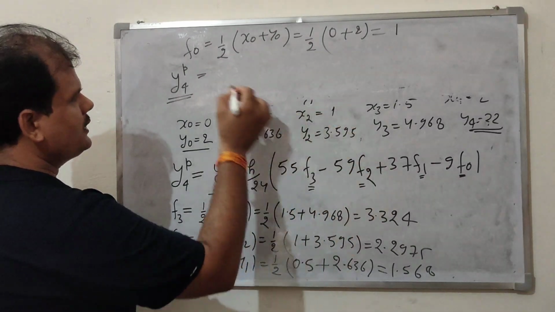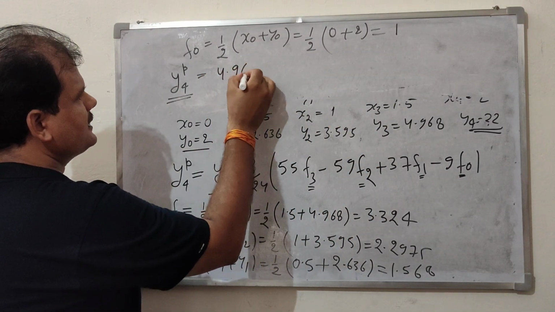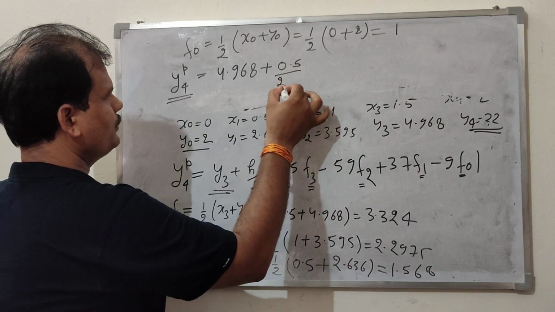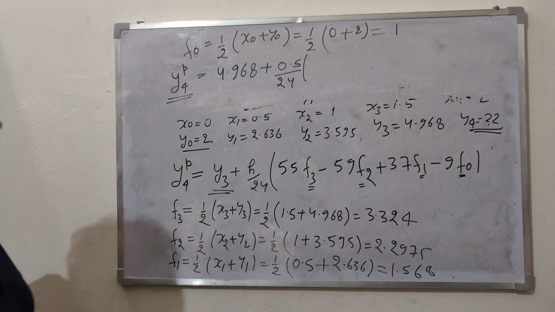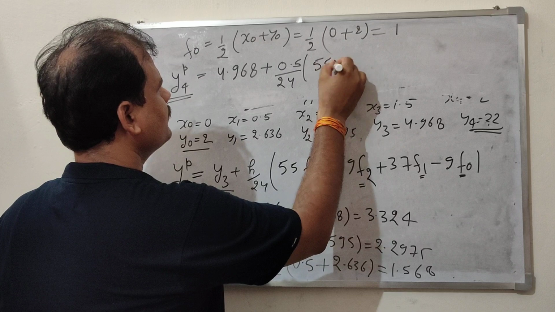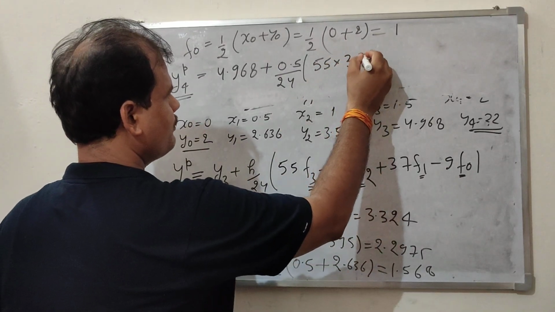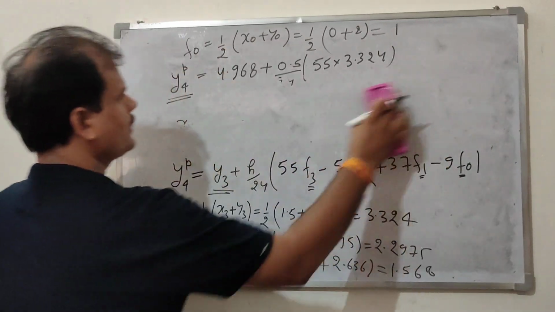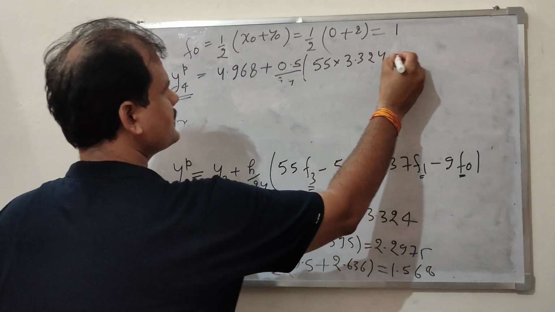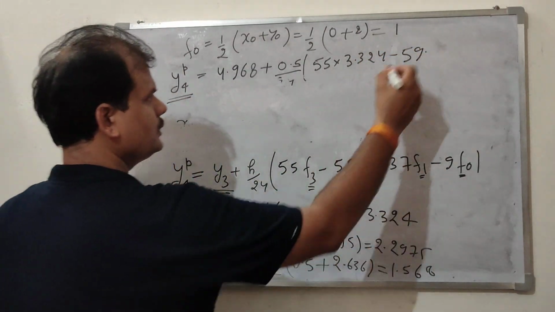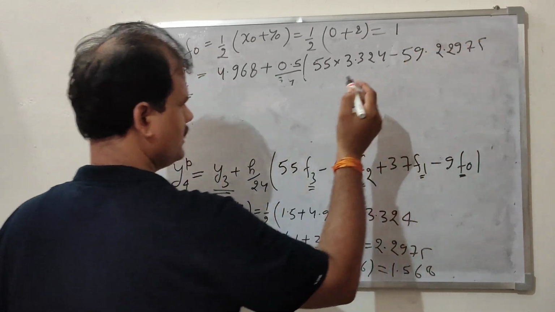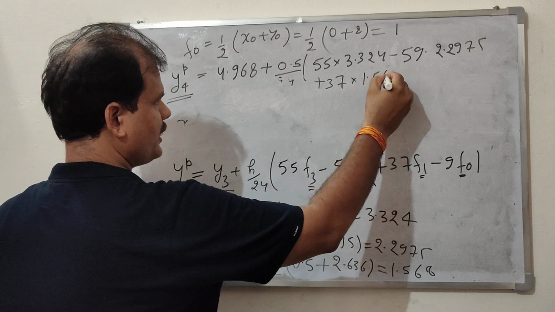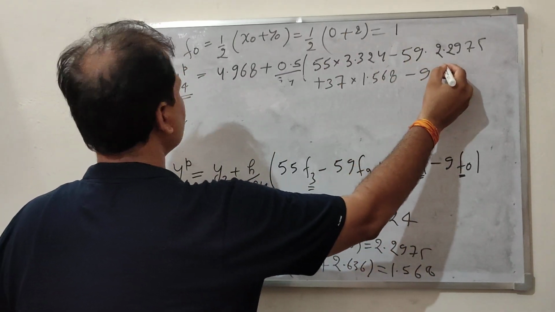So y3 equal to 4.968 plus 0.5 by 24 into 55 f3, that is 55 into 3.324, minus 59 into f2, where f2 equal to 2.2975, plus 37 into f1, 37 into 1.568, minus 9 into f0, where f0 equal to 1.